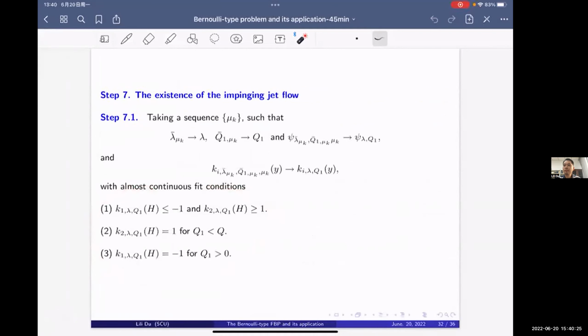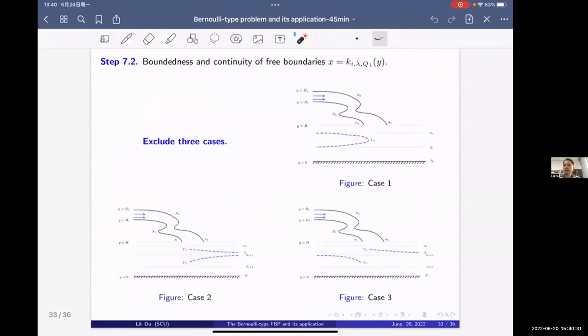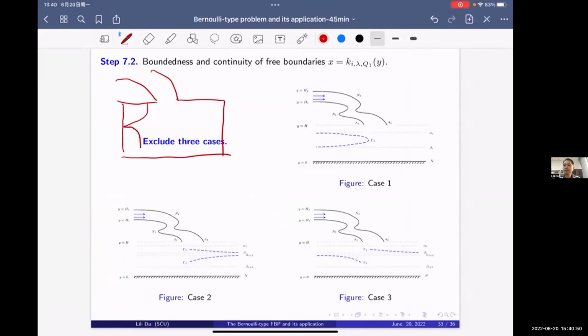Since we take the truncated parameter mu to infinity, the free boundary may break. The following facts may occur. This is below the wall. This is a truncated boundary. Maybe the free boundary is like that.